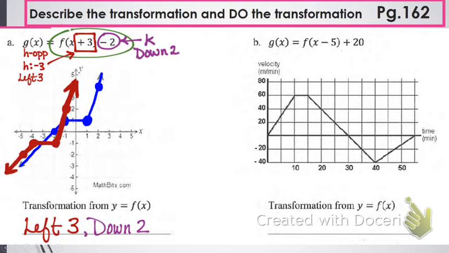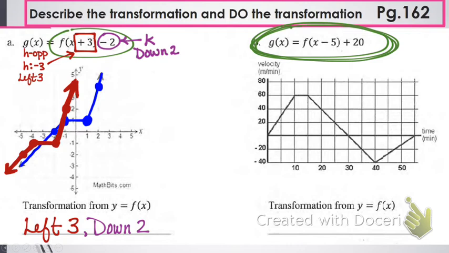We have one last graph to do this to, and then we're done for today. So let's go look at that transformation that they gave us. Here's what I'm looking at. Let's figure out h and k. Is it going to stretch or compress at all? No. Does it move left or right at all? Yes.